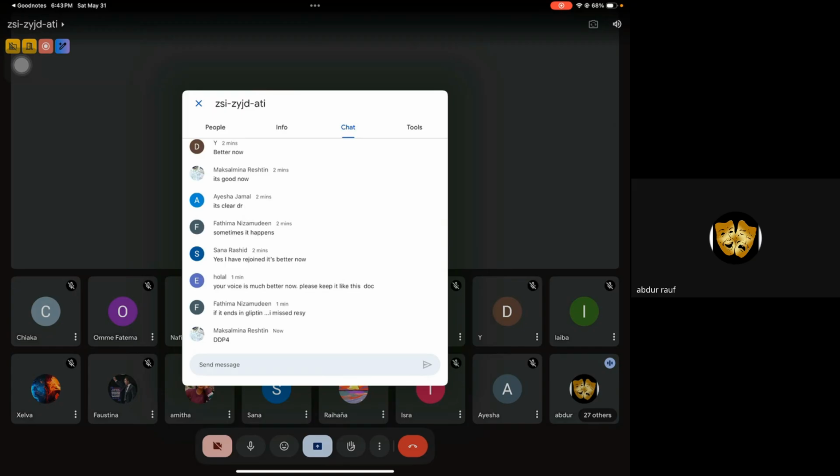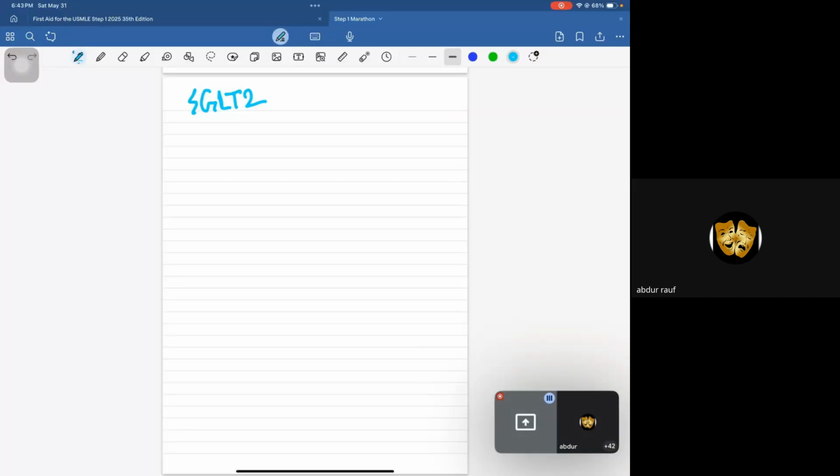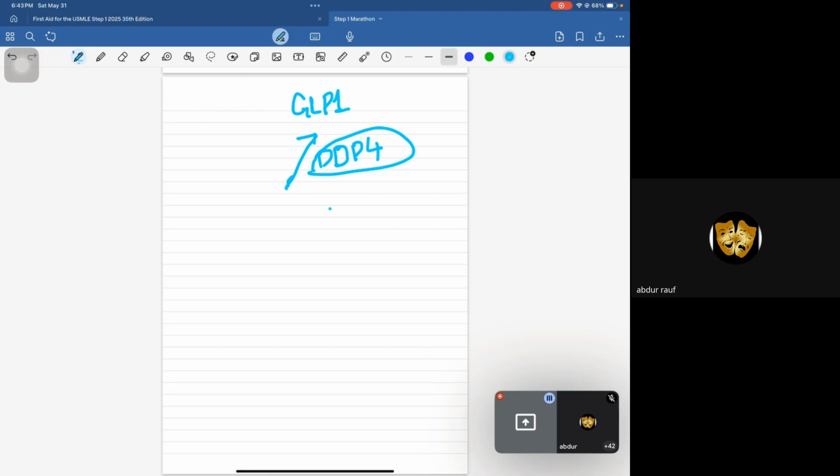Okay. So basically, this is the GLP-1, and GLP-1 is destroyed by DPP-4. DPP-4 is the thing that is going to destroy GLP-1 in the body, right? And the thing that we are going to give, sitagliptin, is going to stop DPP-4. So sitagliptin is a friend of GLP-1.